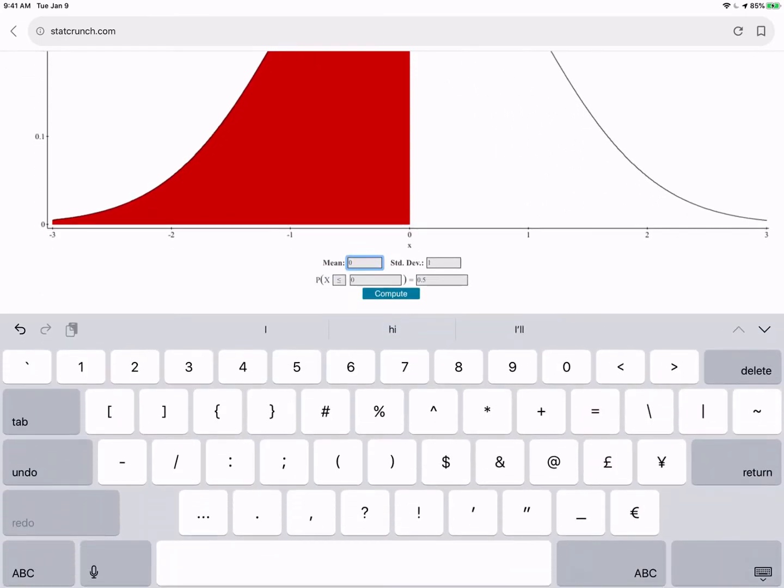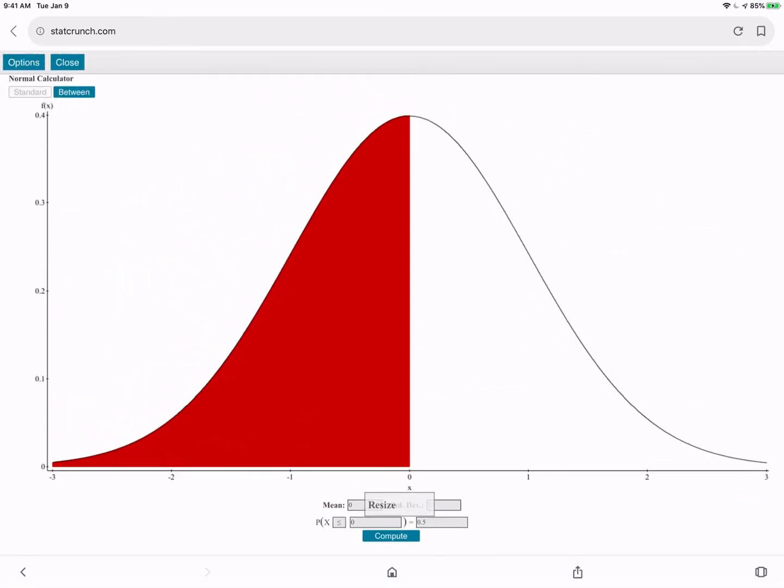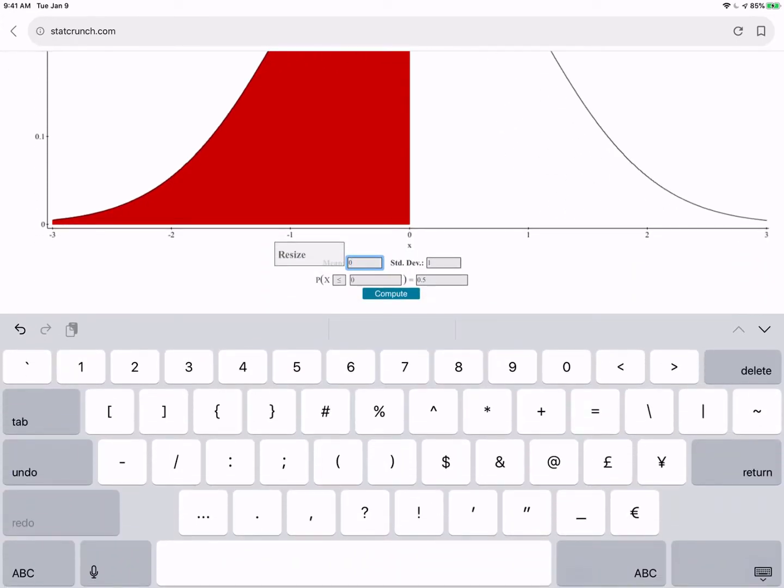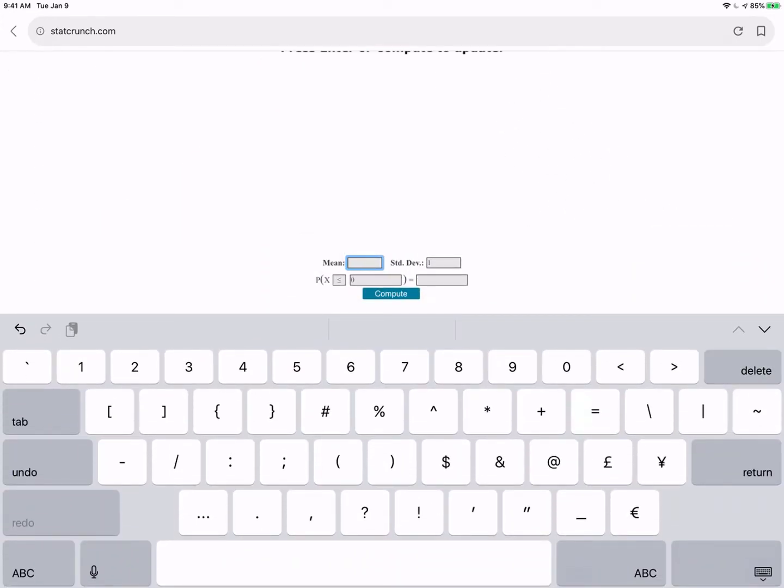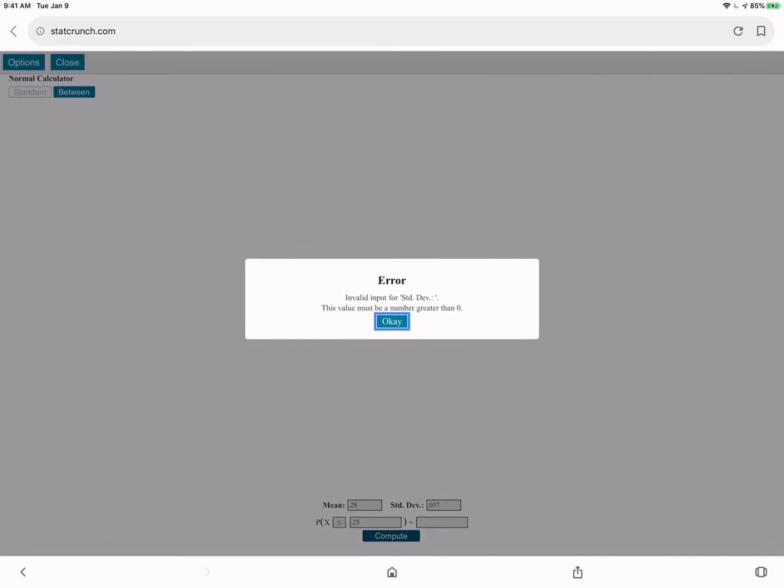We're going to put in the center, and the center of our picture is 0.28. We're going to put in the spread of our picture, which is 0.037. And the value we're looking for are values which are less than 0.25.